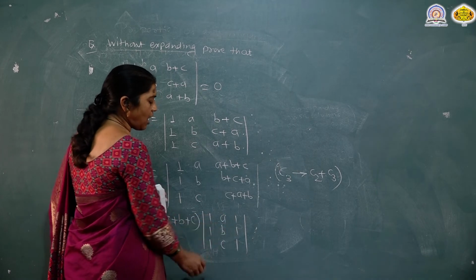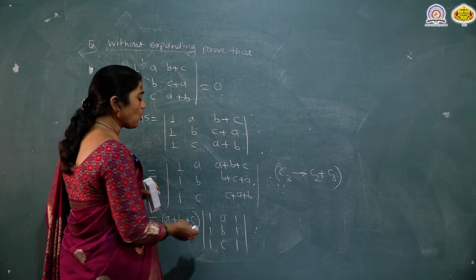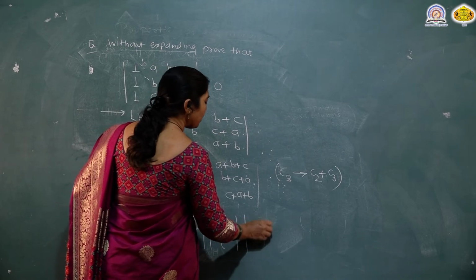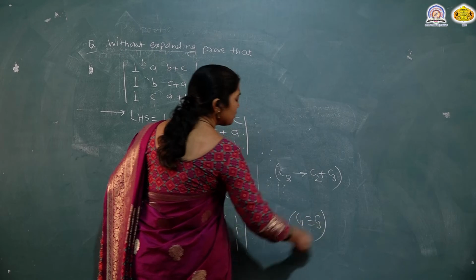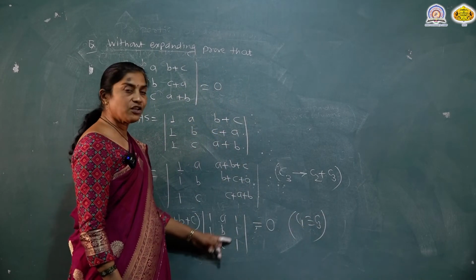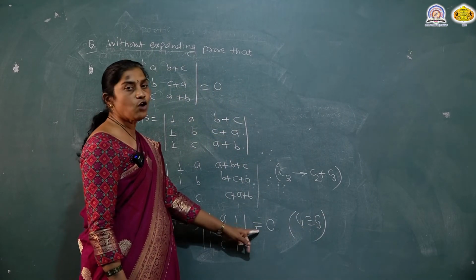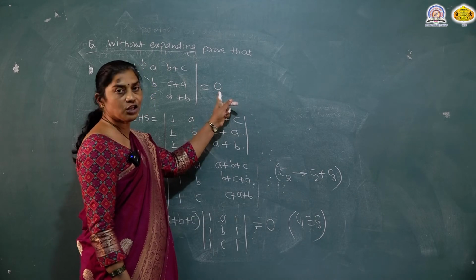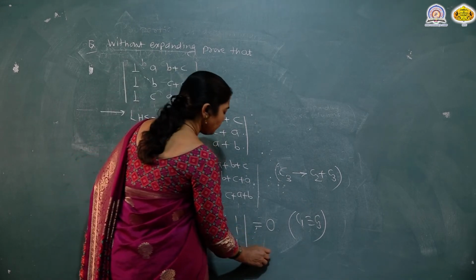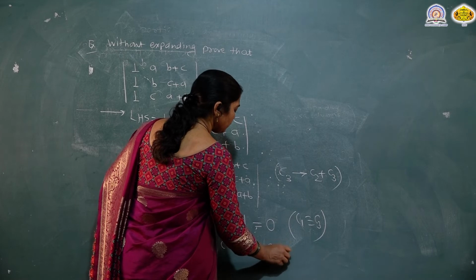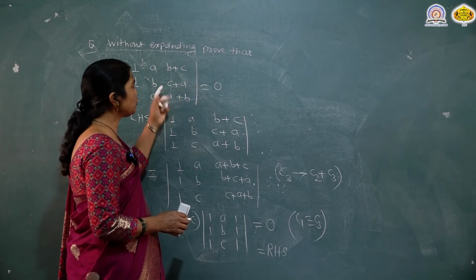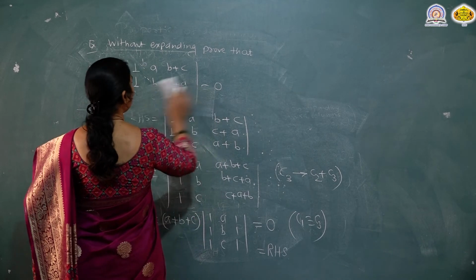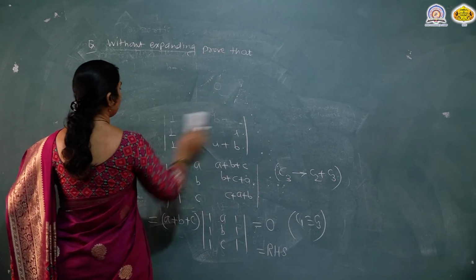They are identical, and if two columns are identical, obviously the value of the determinant is 0. As the first and third columns are identical, the value of the determinant is 0, that is nothing but RHS. So without expanding, by using properties, we can show that the value of the determinant comes to be 0.